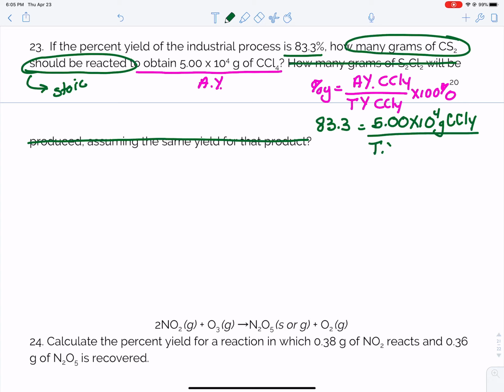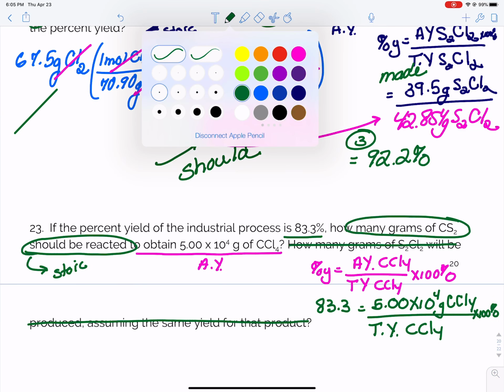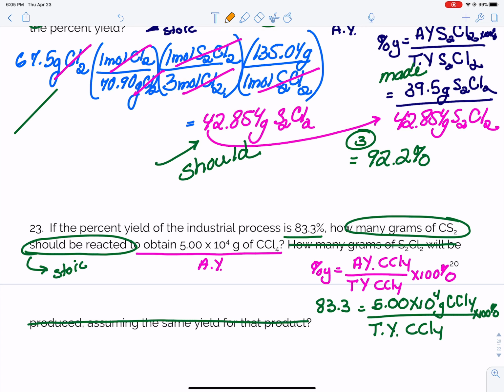I can solve for the theoretical yield of CCl4. Now, if I calculate that, you can think of it as taking the process that we just did and going backwards. Solving here is like solving there, and then I can just do a stoichiometry problem to figure out how much of the reactant I should start with.